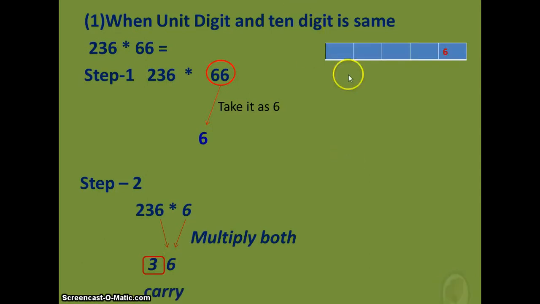Now we are making a table for memory purposes and keeping 6 here, and 3 is in carry, which will be added in the next step. Now we are removing this table again and coming to step 3.